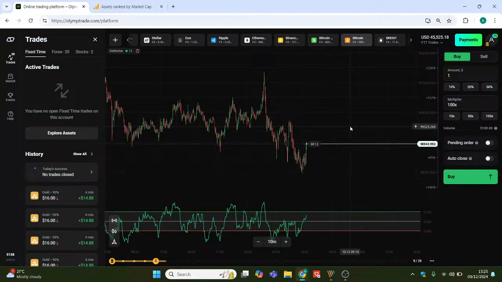So high risk, high reward. And of course at the same time, for conservative traders, you can select the multiplier 10. You can reduce amount invested. So there are steps that you can take in order to limit your risks and make your trading safer in a way.